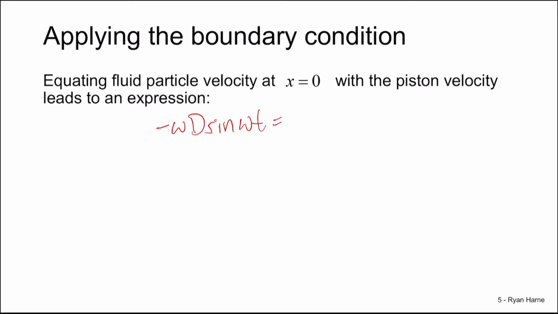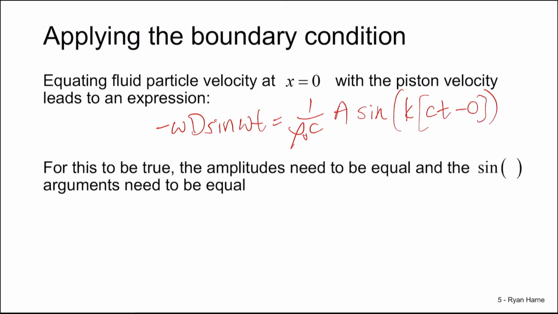This must be equal to the fluid particle velocity, which is 1 on ρ0c multiplied by capital A, the amplitude, and then the sine function with argument k multiplied by (ct minus, and it's no longer x since we're applying the boundary condition, so it's minus 0 here).